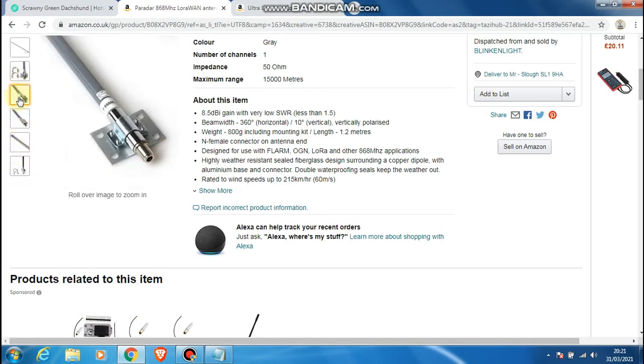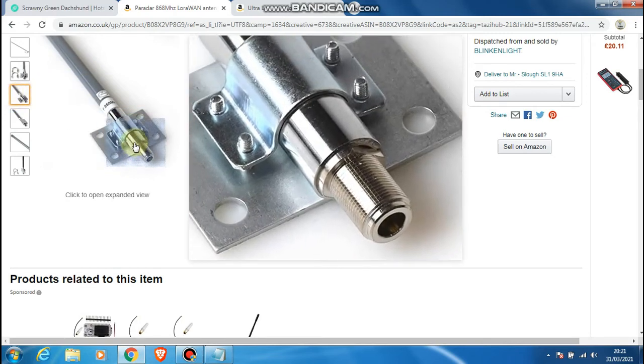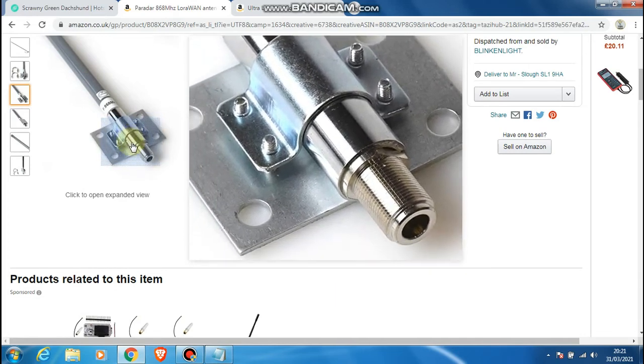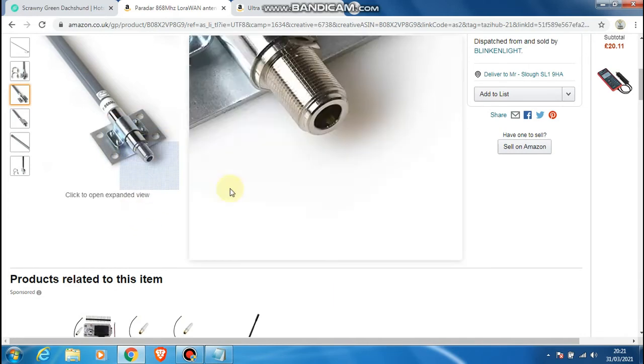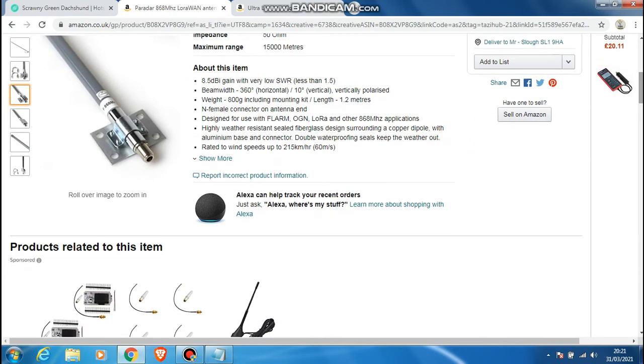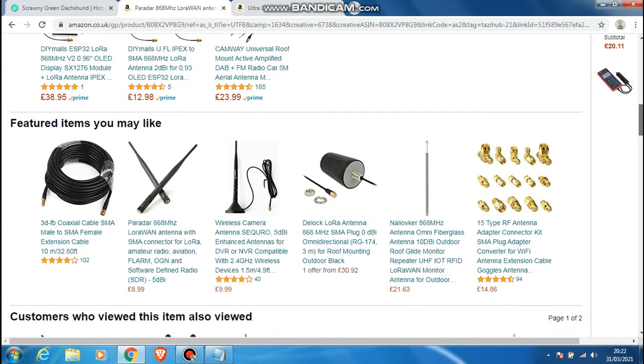Now, that being said, let's come to the connectors, which was actually a pain in the backside. I do apologize for my rudeness there. This connector here is an N-type female connector, which appears to be the standard type of connector that comes with these antennas, and it was a bit of an issue finding the corresponding cables and connectors.